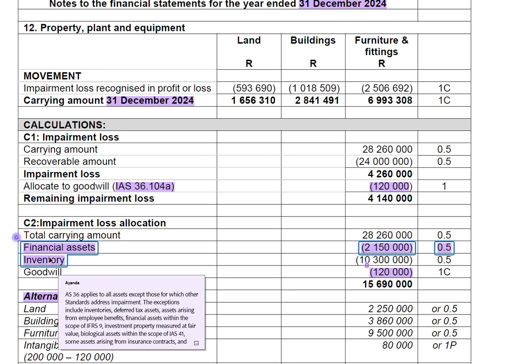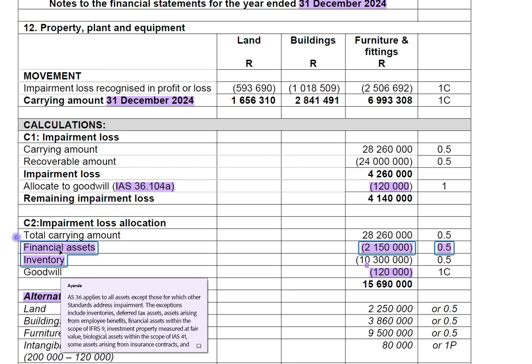What IAS 36 says is that it applies to all assets with exceptions. There is an exception of IFRS 9 as well as an exception of inventory. So when we are allocating the remaining impairment after we've excluded the goodwill, we should not take into account those two assets.